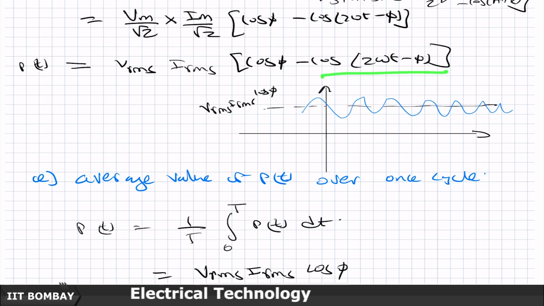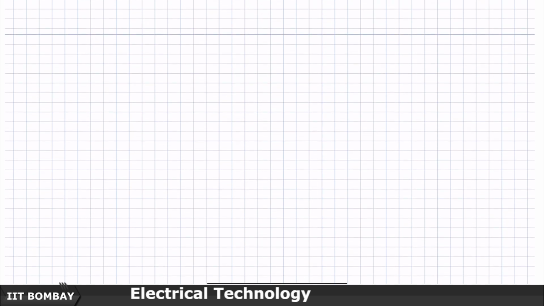And the second component is just a double frequency oscillation over one time period, and therefore it is going to be 0. It does not matter what this phi is, if you integrate from 0 to T, 1 by T, it is going to be equal to 0, and that is quite straightforward.